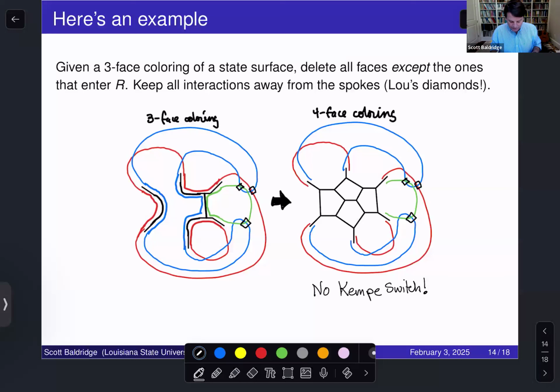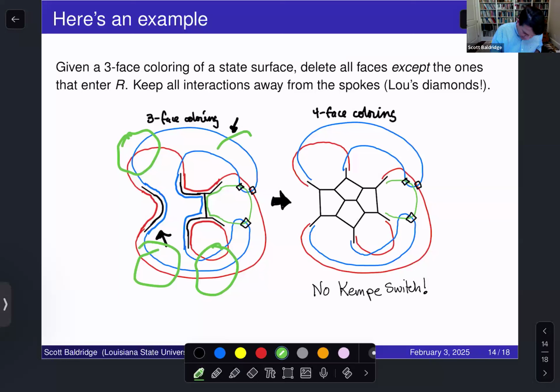Okay, so here's a quick example of how to do that. So imagine, we got 2 minutes, we got one more slide. So imagine here's the reducer. And so now I know that there's a 3-face coloring on it. And the 3-face coloring is going to have, like greens here, and there might be greens there, right?